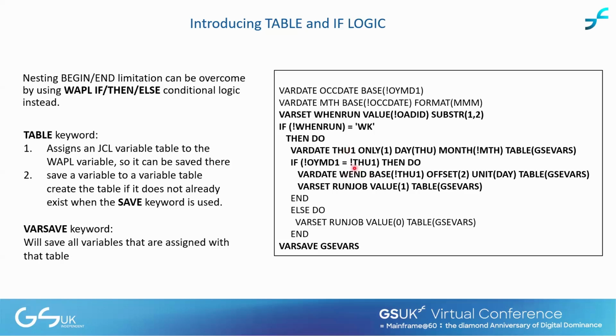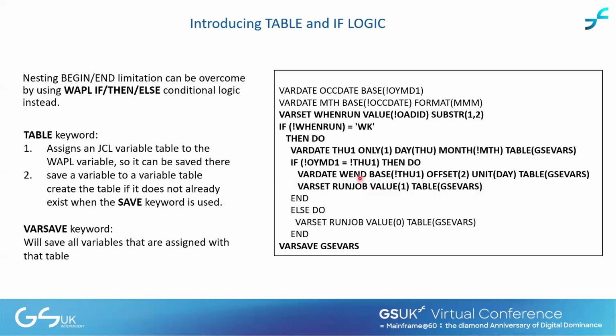And if that's true, we'll set up a value of plus 2 days of that first Thursday of the month to the variable weekend and save it in that table. And also here we'll set up the value of 1 on the RUNJOB variable. And again, we'll save that variable in the GAC vars table.